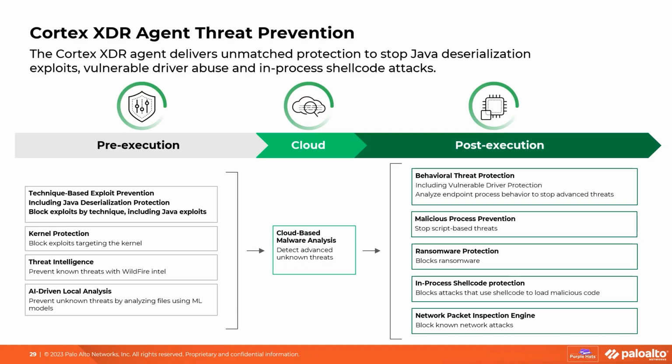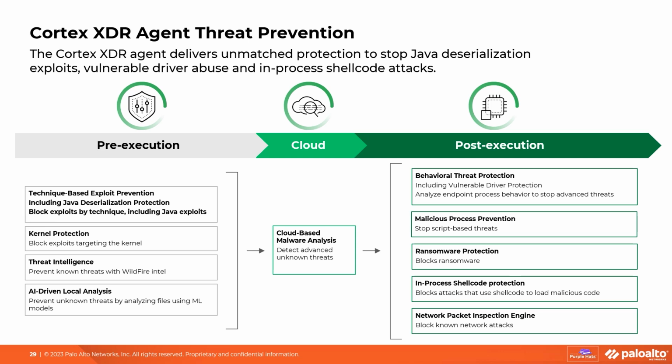We also have a malicious process prevention module that allows us to stop threats based on scripts that do not have specific hashes or files related to them. A ransomware protection that targets specifically the encryption part of the ransomware malware.